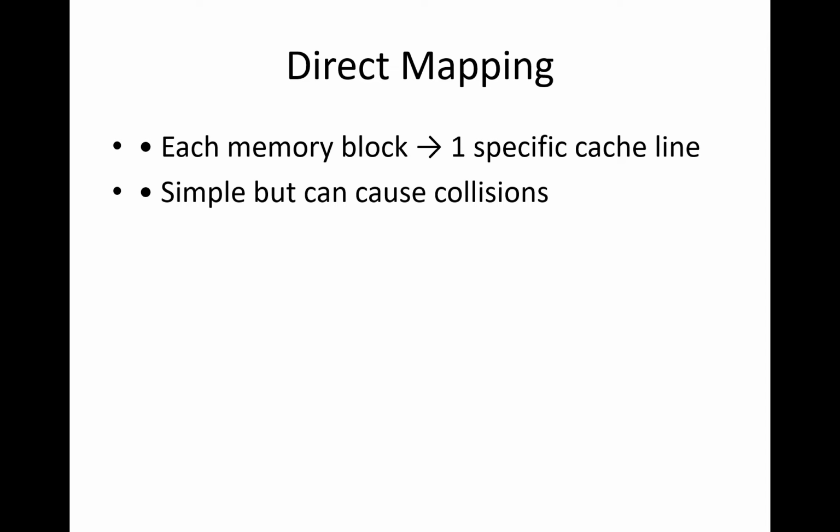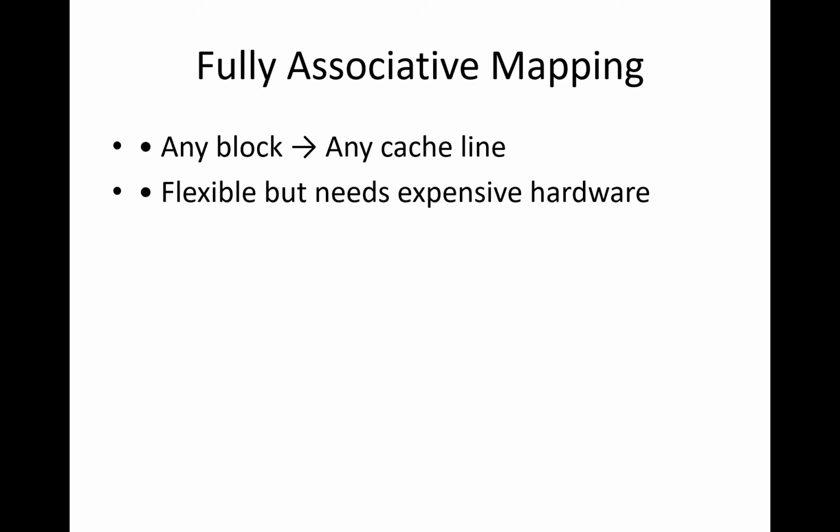For instance, if two frequently used blocks map to the same line, they will keep replacing each other. That's a conflict. What you have to know is that each block in main memory maps to exactly one cache line.